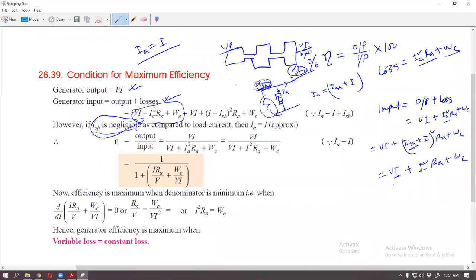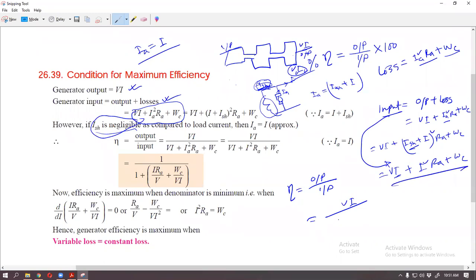Now we just transfer the value into our formula. You know that our efficiency is equal to output by input. So output is equal to VI, and input is equal to now this value.